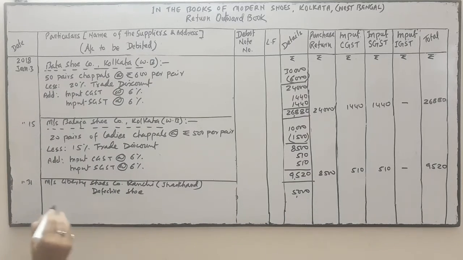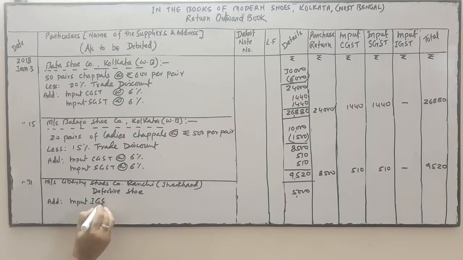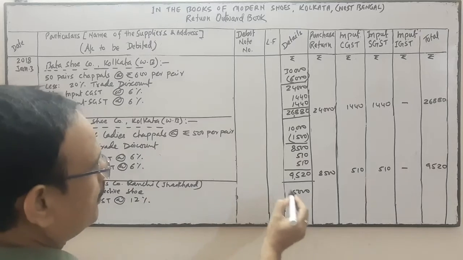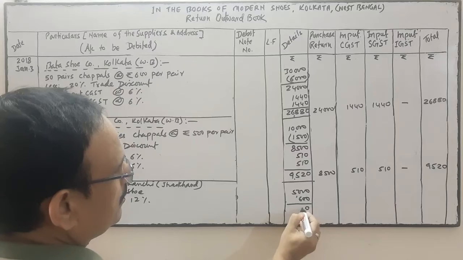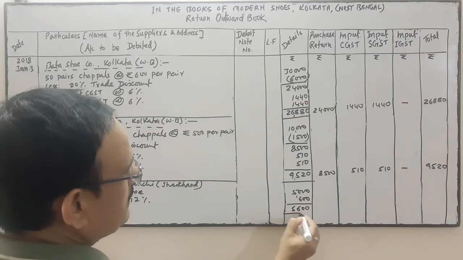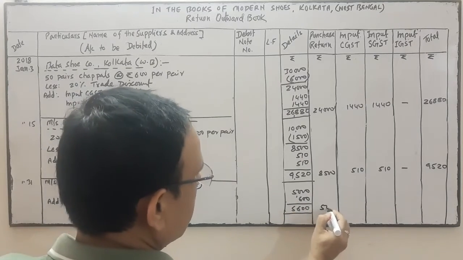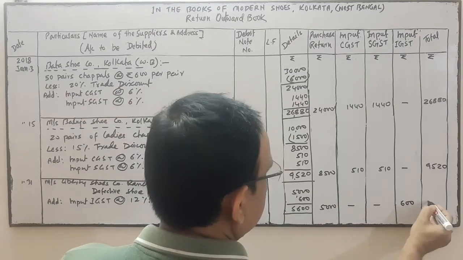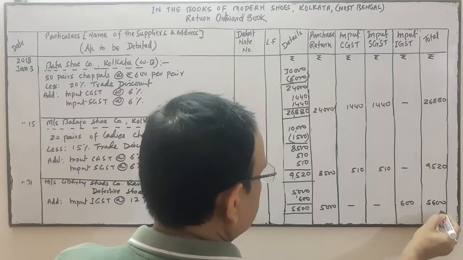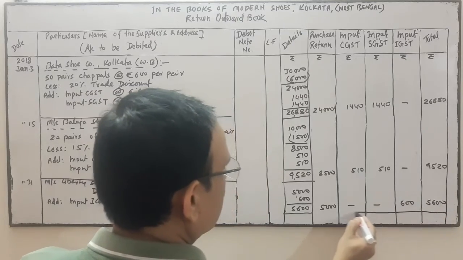There is no trade discount, so add, as it is interstate, input IGST calculated at the rate of 12%. So 12% of this is 600. So 5,000 will be here and 600 will be in the IGST. Total is 5,600.